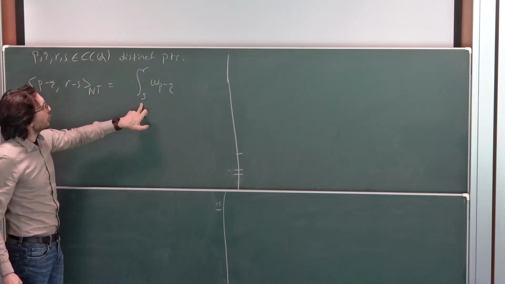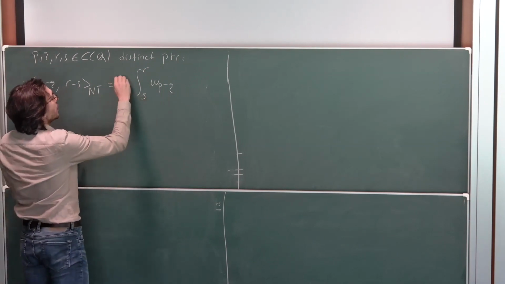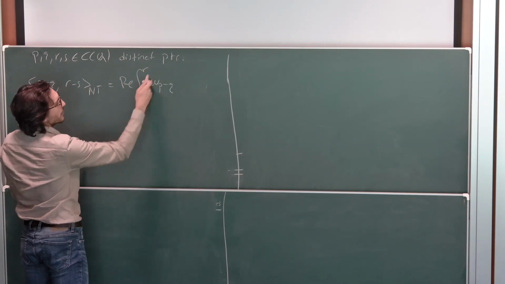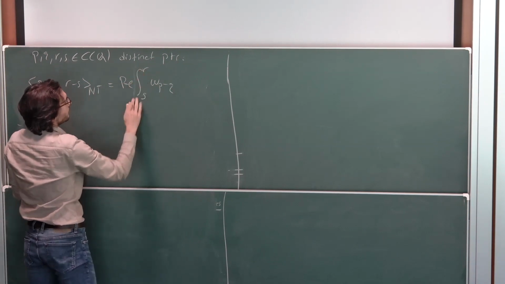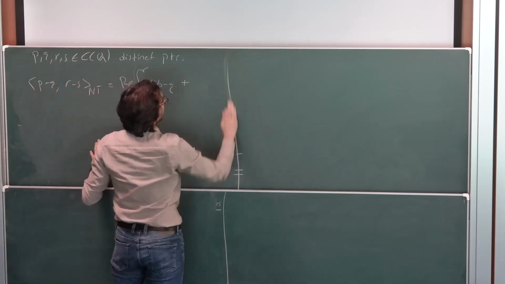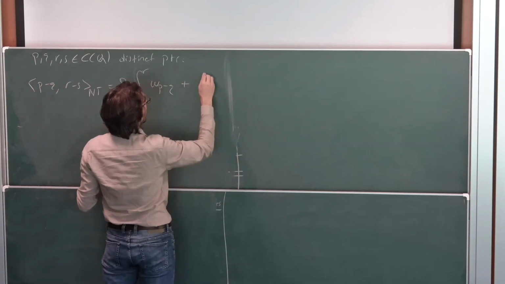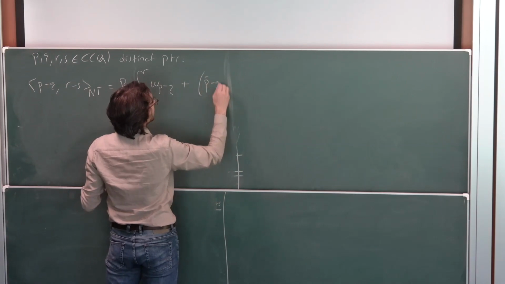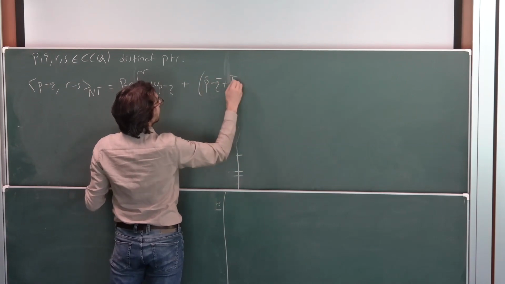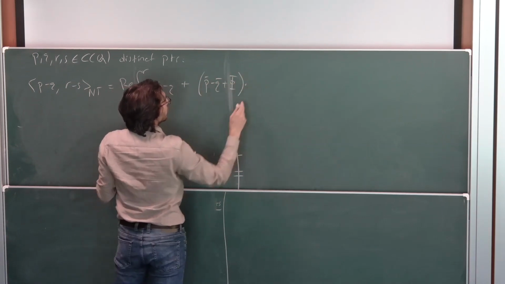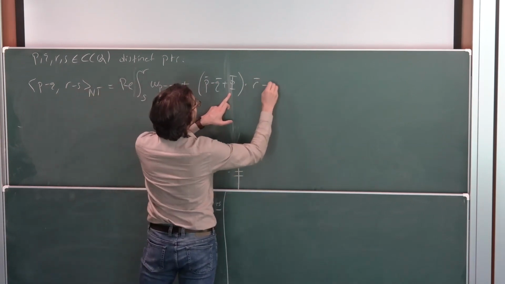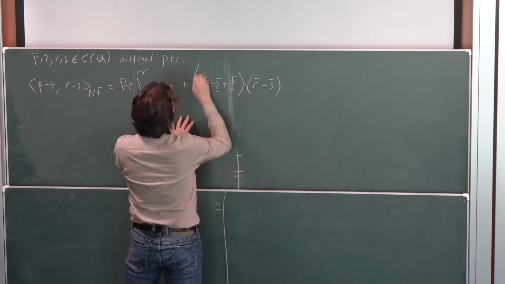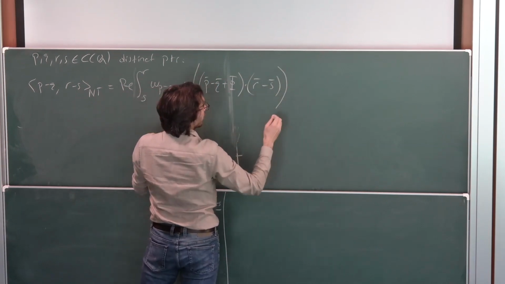This is going to be path independent if I take its real part, because all periods of omega are imaginary. And then you add P minus Q plus phi. You intersect P minus Q with this correction with R minus S. And it's a zero cycle, it's just usual intersection theory.